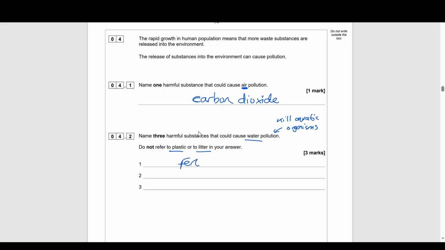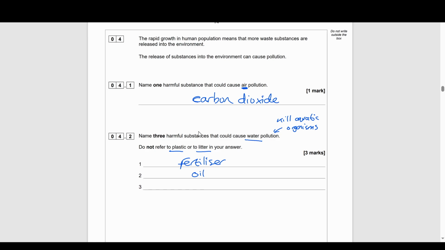Well, a very common thing is any fertilizer, because fertilizer should be only on land. However, it can leak out into water and then cause a big problem such as eutrophication. Another thing that could be in water which shouldn't be there is oil. There's been a lot of cases where there have been massive oil spills, and then any wildlife that's been in water can be affected by that, killed by it.